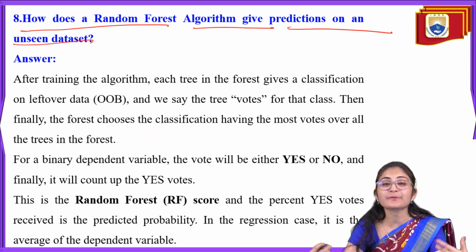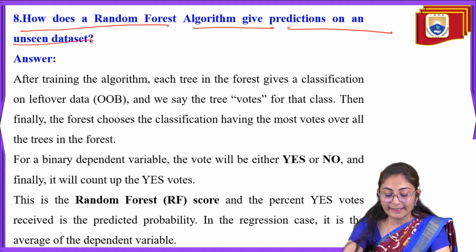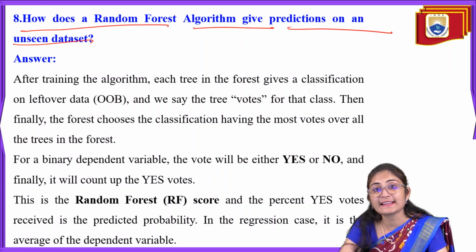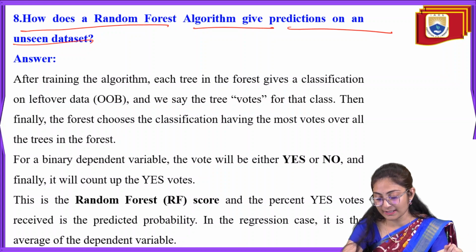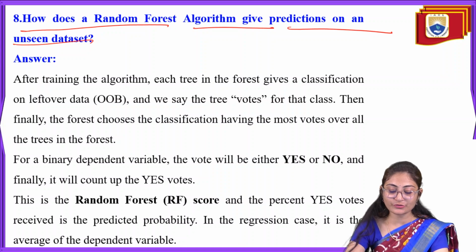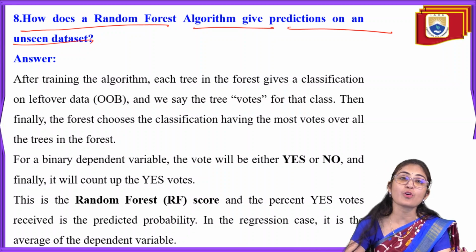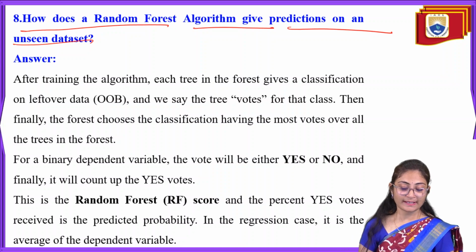Now here, after training the algorithm, each tree in the forest gives a classification on leftover data. So we can say the tree votes for the class. Then finally, the forest chooses the classification having the most votes over all the trees in the forest.